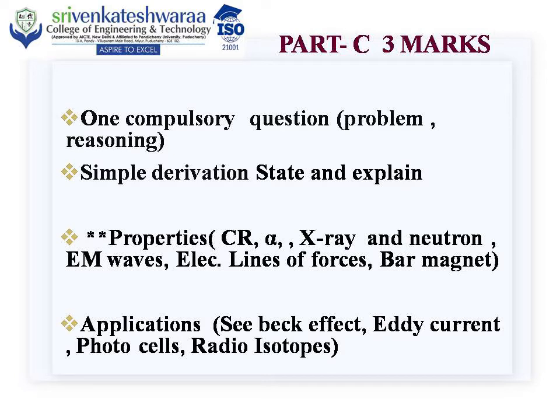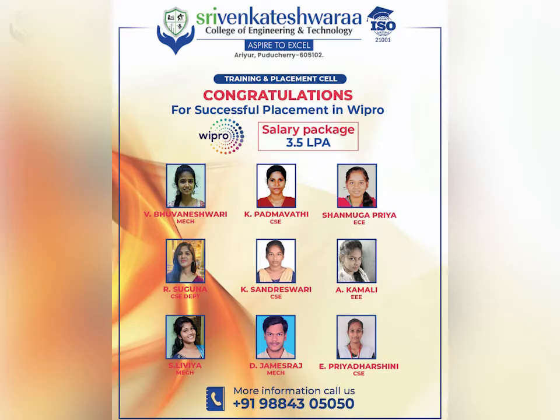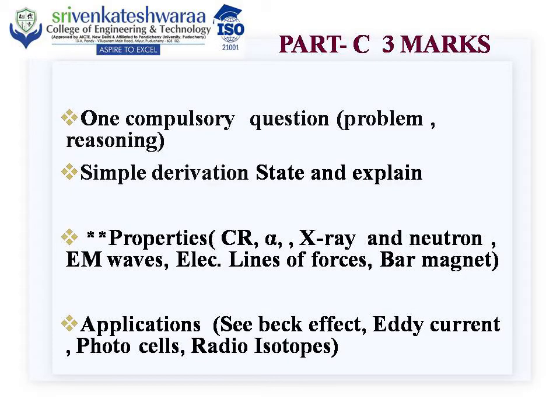In some questions it may be more than 8, or minimum it may be 5 points. So you need not write all the points. This is a 3 mark question, so you may give 4 points minimum. If you give 4 points, you can easily get the 3 marks. This is the way to get the 3 marks fully.